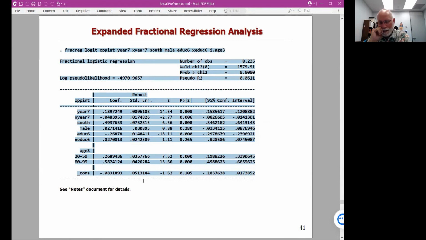And then for someone else who's in a relatively recent time frame, they live outside the South, they're female and they're young, maybe their predicted value would be 0.3. Fractional regression can make those predictions. And in the process of making those predictions, it will be in a framework where statistical testing is justified and where the resulting predictions will always be inside the 0-1 range.